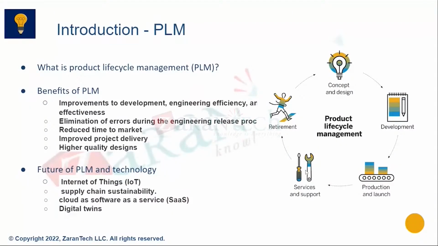The manufacturing organization has to take care of that service and provide the support. And then finally you will see that if some product is phased out, a product which is already used by customers but is not going to be continued by the manufacturing company anymore, then it is termed as retired.